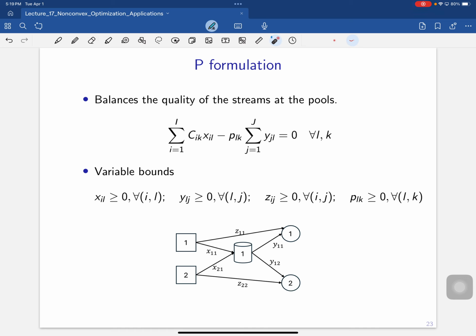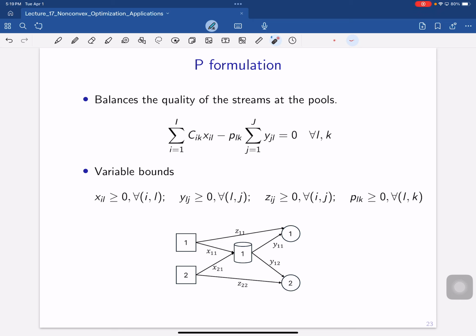So c_ik represents the flow of quality k into the blending tank, and then the sum over y is the flow out of the blending tank, right? So therefore, when you flow out, it will average out the concentration of what goes in, right? So this is simply a mass balance constraint on the quality k at the blending tank.